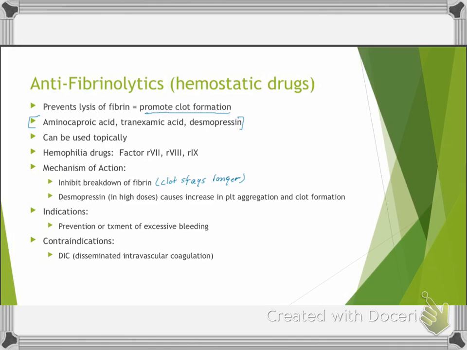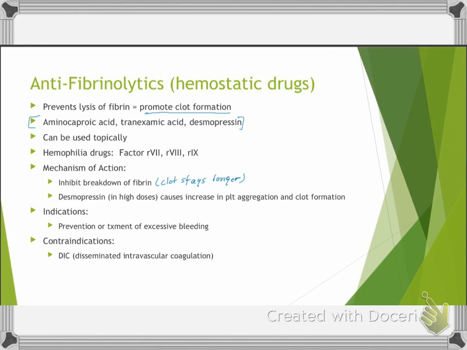Desmopressin in high doses can cause an increase in platelet aggregation and clot formation. Indications: the prevention or treatment of excessive bleeding. Contraindications: if they have DIC, it just means that the coagulation process is overactive.